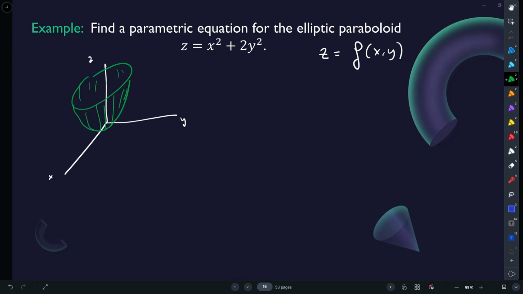In this case, the x and the y don't give me any region, so the x and the y are wild.